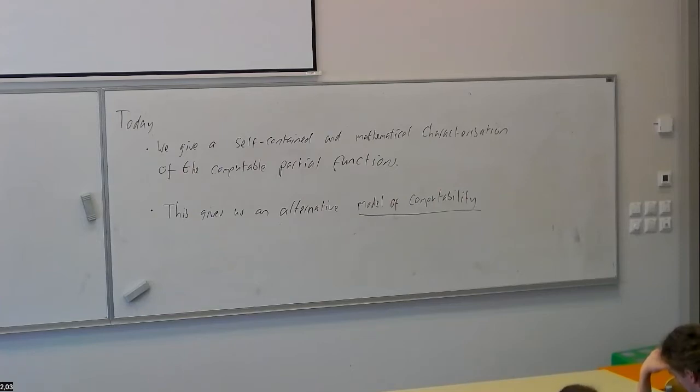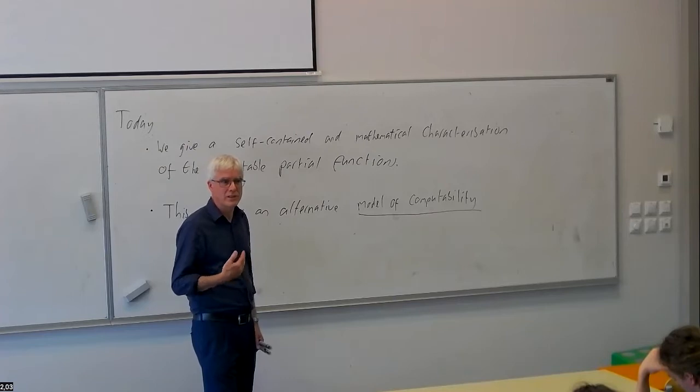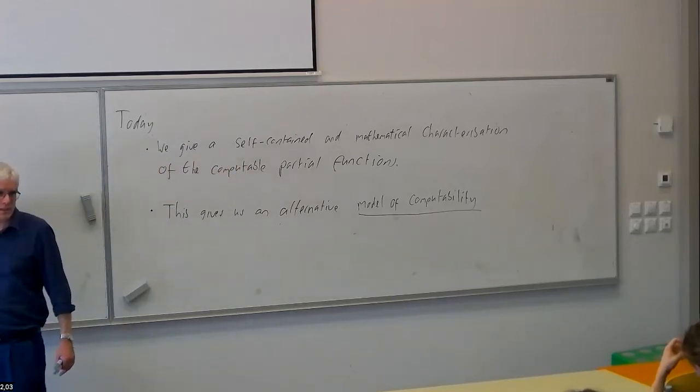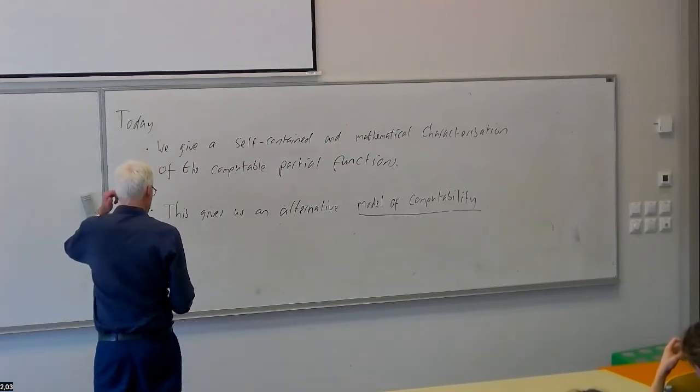But the difficult thing is going to be, well, we have then two different notions of computability, one given by Turing machines that gives us a notion of computability on the natural numbers, and another, the direct description. And of course, we want to compare them, and it's going to be the case that they both coincide. And so a major technical difficulty, or the major technical difficulty, is going to be understanding that this is the same notion of computability as that given by Turing machines. And hopefully we're going to cover all of that today.